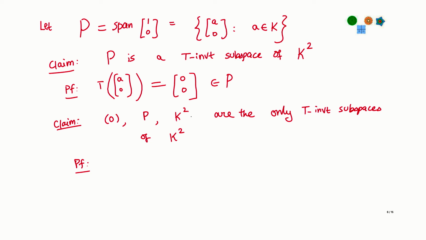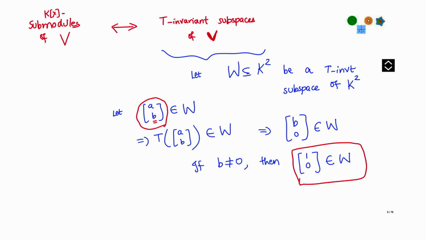Why not? That is what we just tried to show here. Suppose W is a T invariant subspace of K^2. Let us pick such a W. If I have a vector in W in which B is not 0, then I conclude that (1, 0) belongs to W. Recall that's what this argument showed.